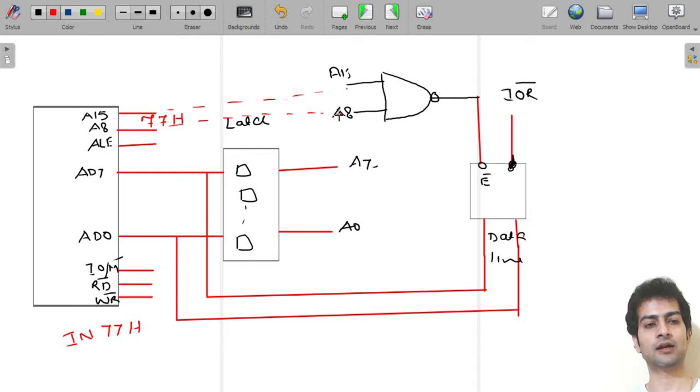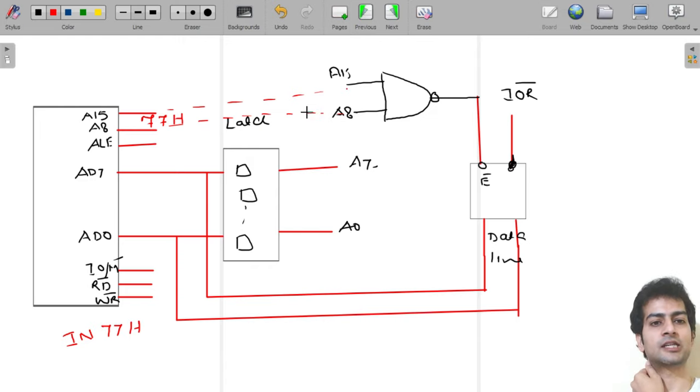See, why can't we achieve it? If we get this address copied here, and in this NAND gate, if the manufacturer applies inputs A15 to A8 instead of A7 to A0, then again the same thing will happen.